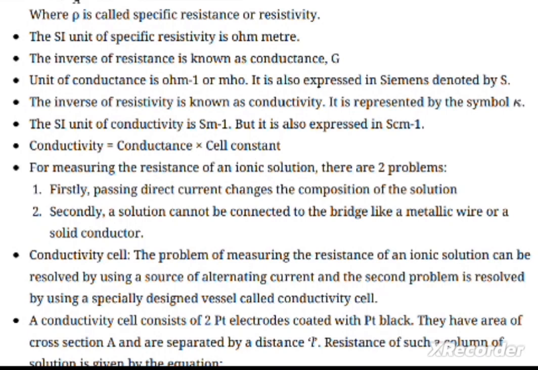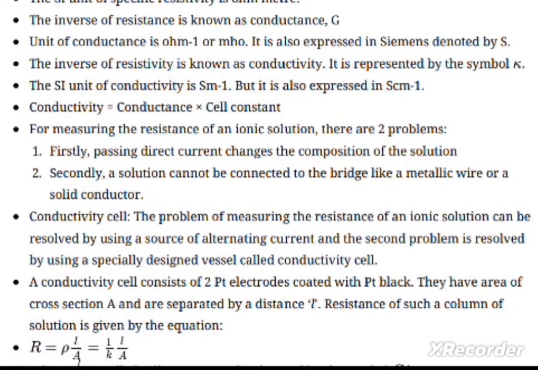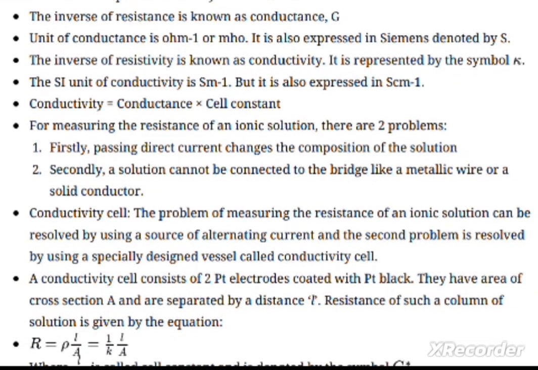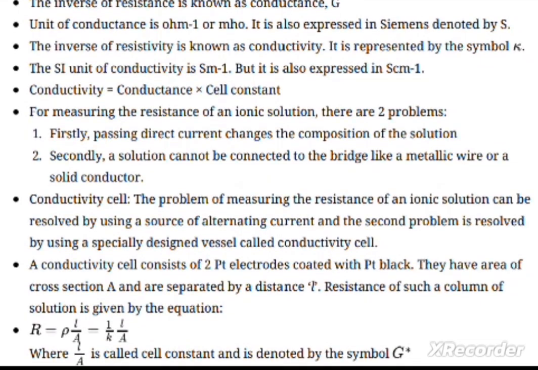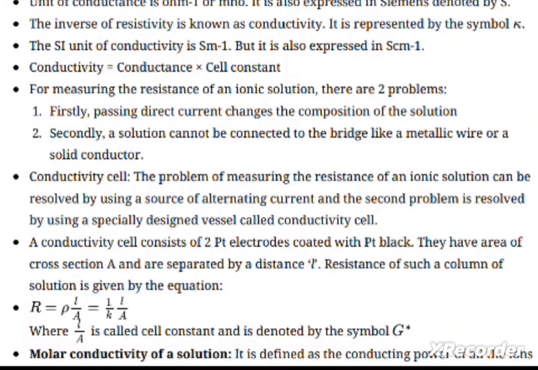It is represented by the symbol kappa K. The SI unit of conductivity is Siemens per meter, also expressed as S cm inverse. Conductivity equals conductance multiplied by cell constant.